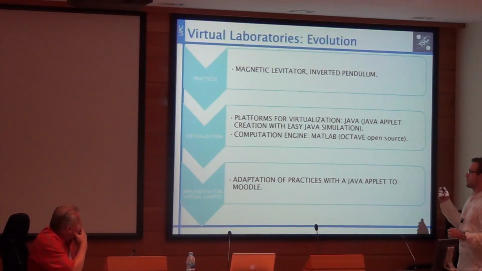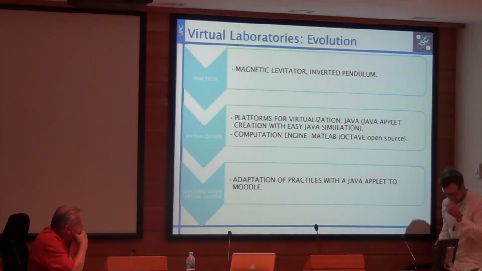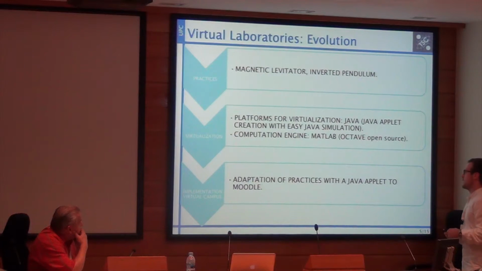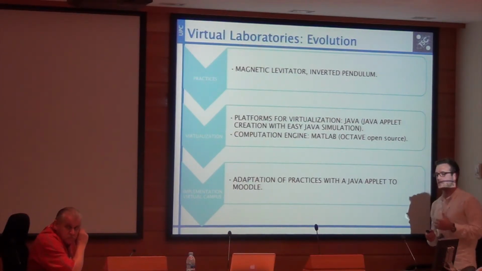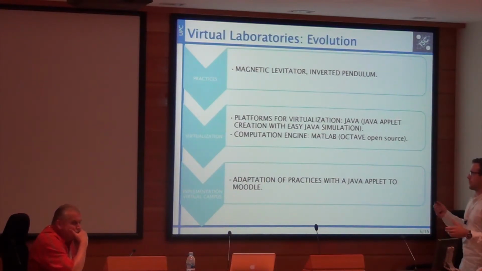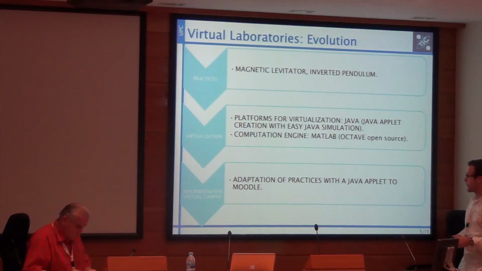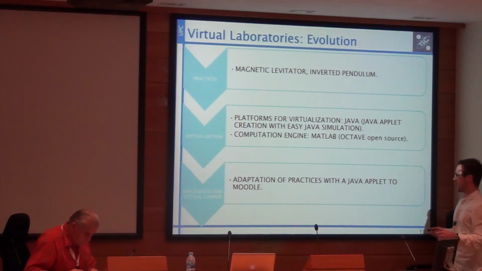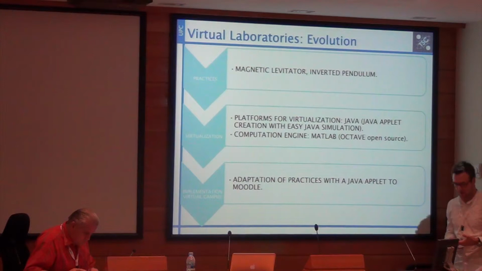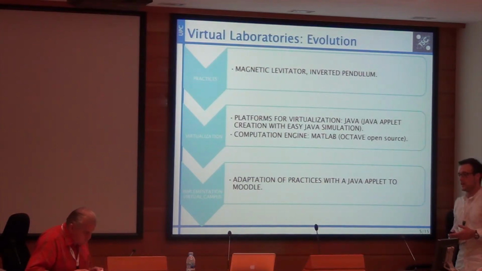And we rely on a computation engine to perform the most complex mathematical operations. In our case, we have a campus license, so we use MATLAB, but we can also use other programs such as Blade. And finally, we try to adapt the practices with appropriate technology. As I said, we use Java.